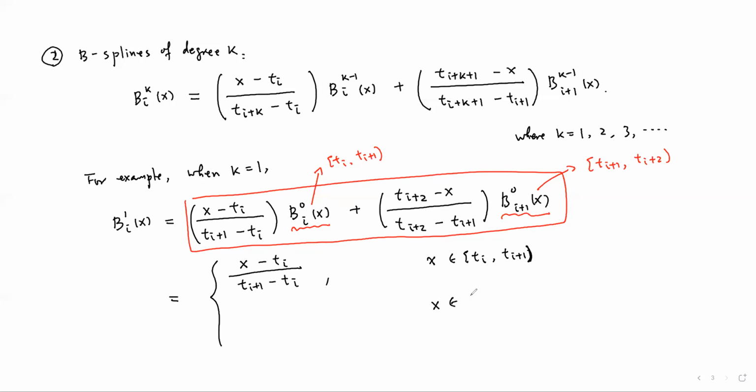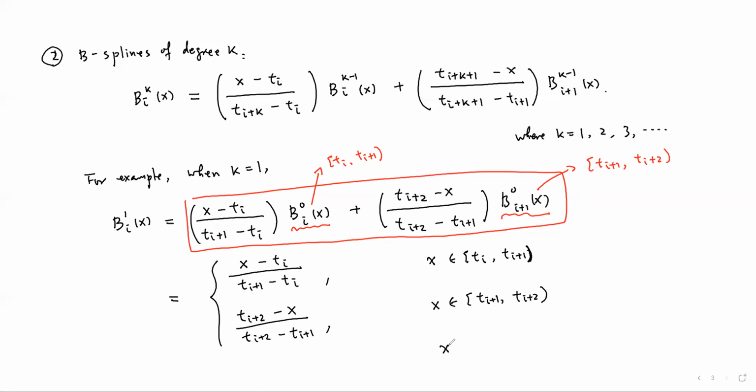When X is in the next subinterval, TI plus 1 to TI plus 2, this time the first term is 0, and BI plus 1, 0, the value of this function is 1. So when X is in this interval, BI1 is TI plus 2 minus X over TI plus 2 minus TI plus 1.